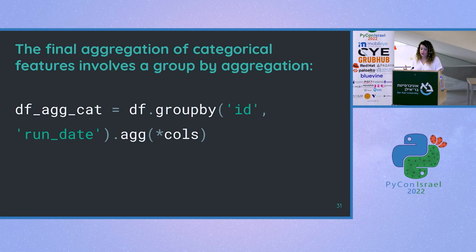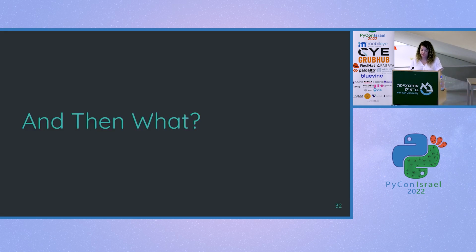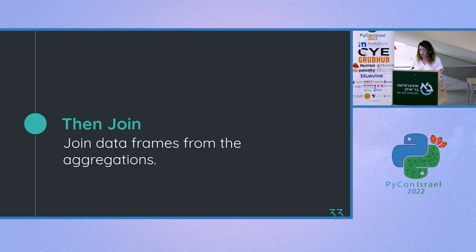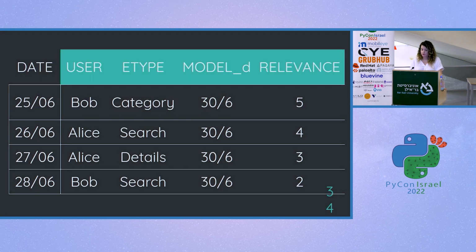And when we're dealing with categorical features, we don't need to use pivot. We're going to come back to Bob and Alice soon. After we did all of the aggregation for numeric features and categorical features, we basically joined them together. And here are Bob and Alice. So we have all the categories, the model run date, and the relevance dates for each event to the model.